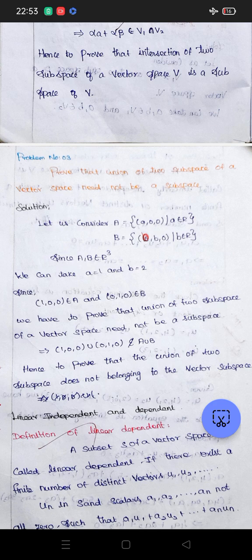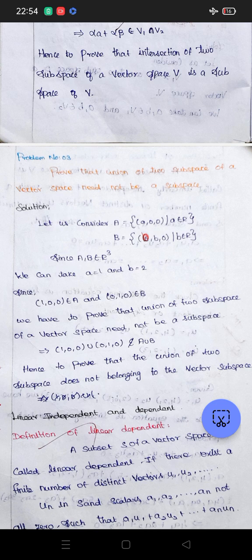So we can take a equal to 1, b equal to 1, since (1, 0, 0) belongs to capital A and (0, 1, 0) belongs to capital B. We have to prove that the union of two subspaces of the vector space need not be a subspace.